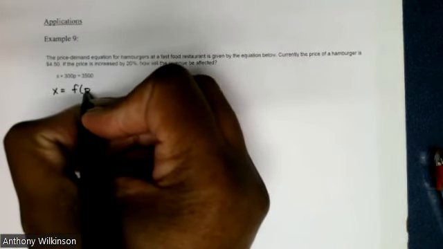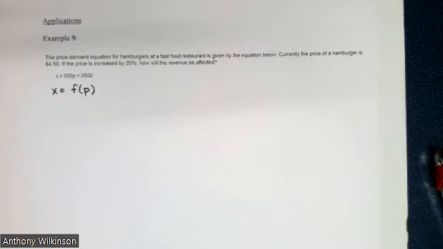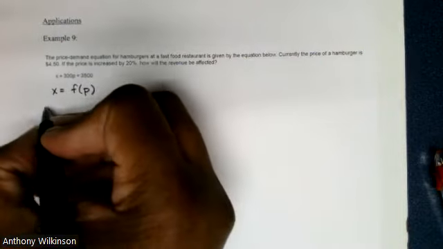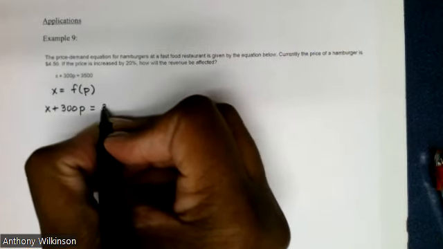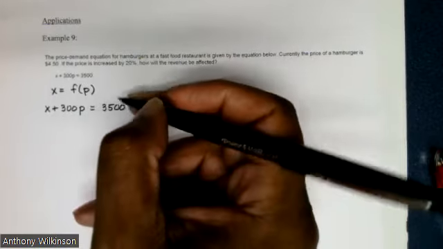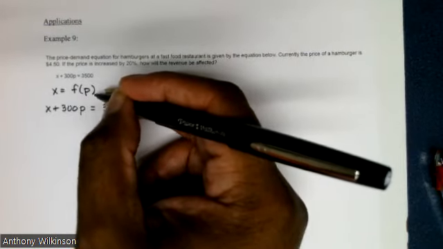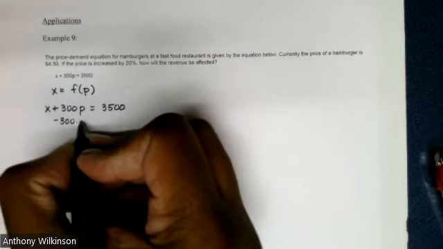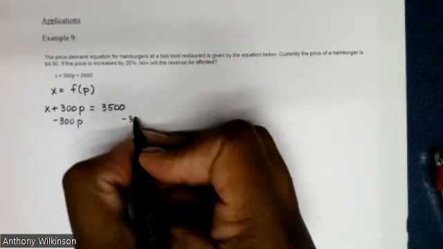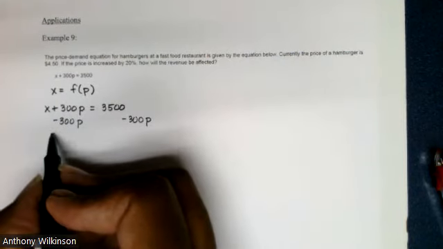we need to write this equation, x plus 300p is equal to 3,500, in this form, where x is equal to some f of p. So to write this equation into this form where x is equal to something, we need to subtract 300p on both sides of this equation. That's to get x by itself.